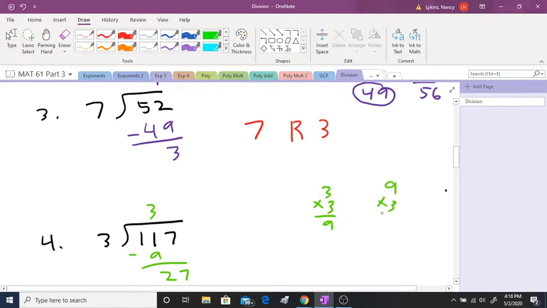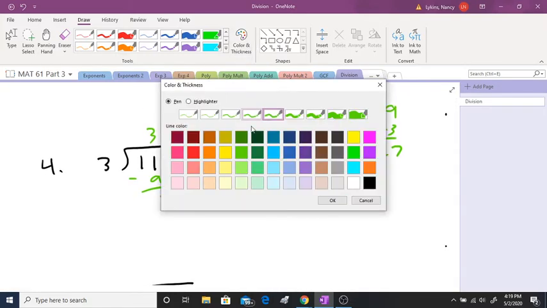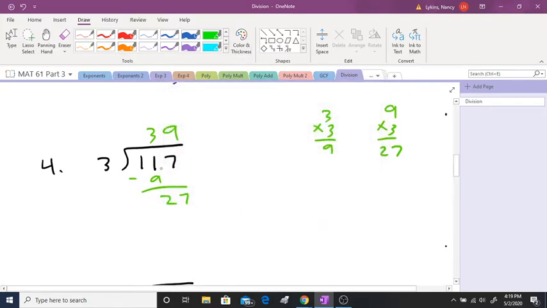Well, 9 times 3 is 27, so I know my answer has to be 9. So when I say 9 times 3 is 27, subtract it, I get a remainder of 0. So your answer would just be 39.